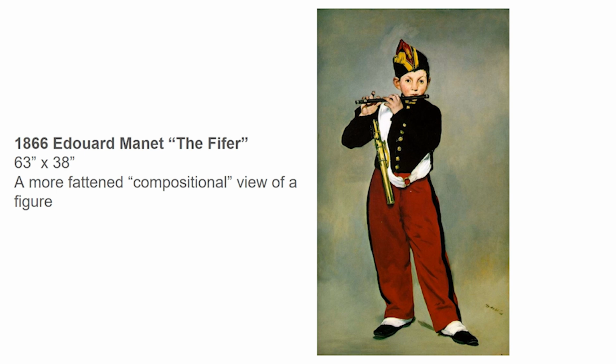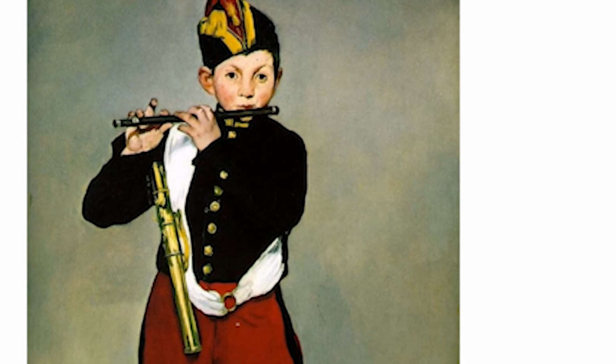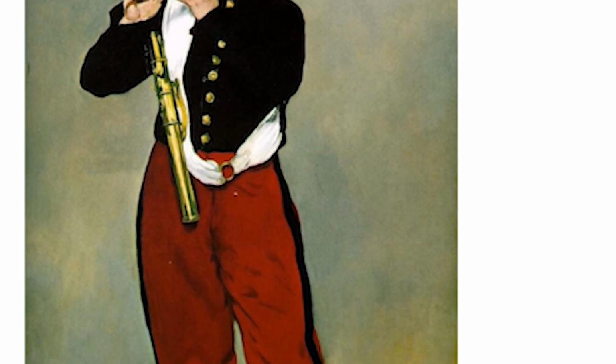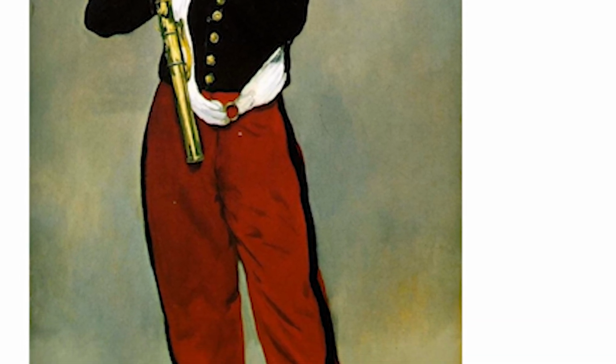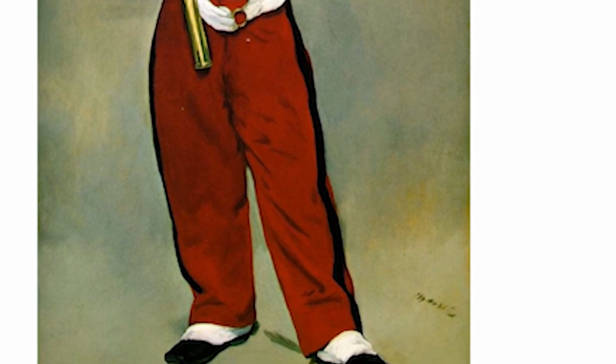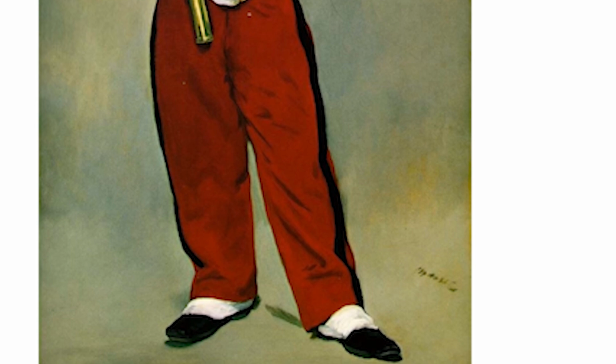But notice where he puts him. He puts him nowhere. There is no there. It's just a totally ambiguous background, more or less a uniform kind of greenish gray color.